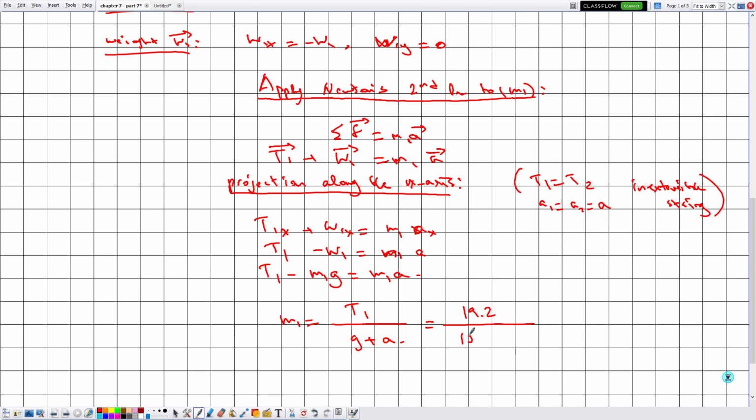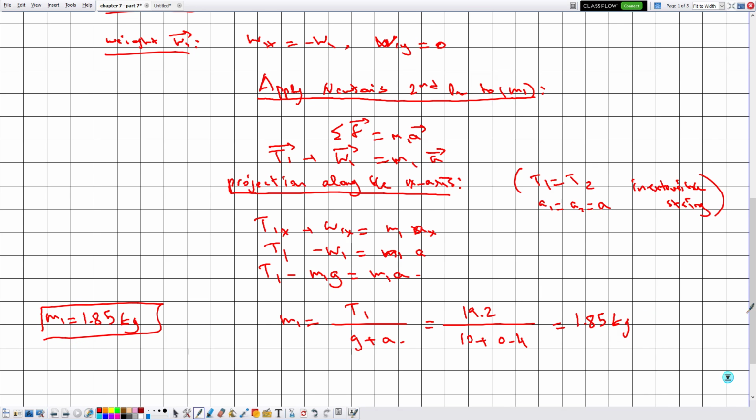The value of G is given by 10 and the value of A by 0.4. Plugging this expression on the calculator, then it's given by 1.85. Everything is expressed in the SI, so 1.85 kilograms. M1 is equal to 1.85 kilograms.